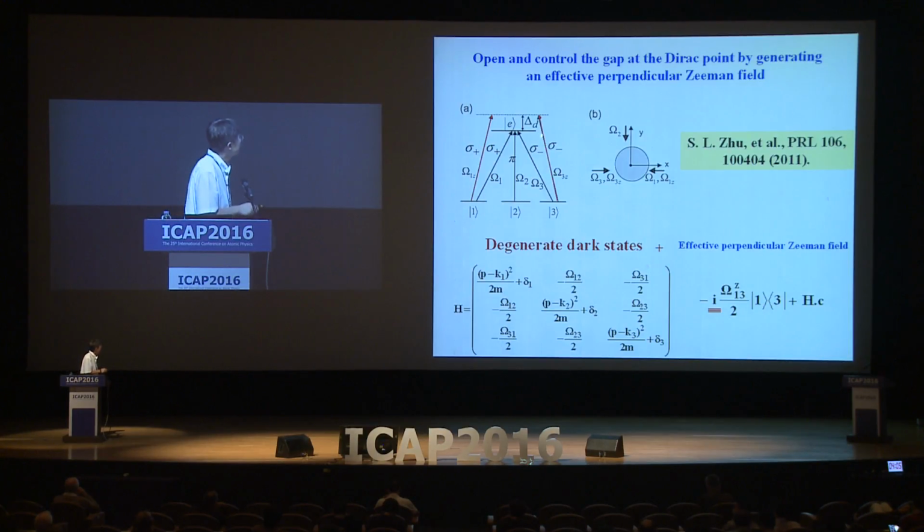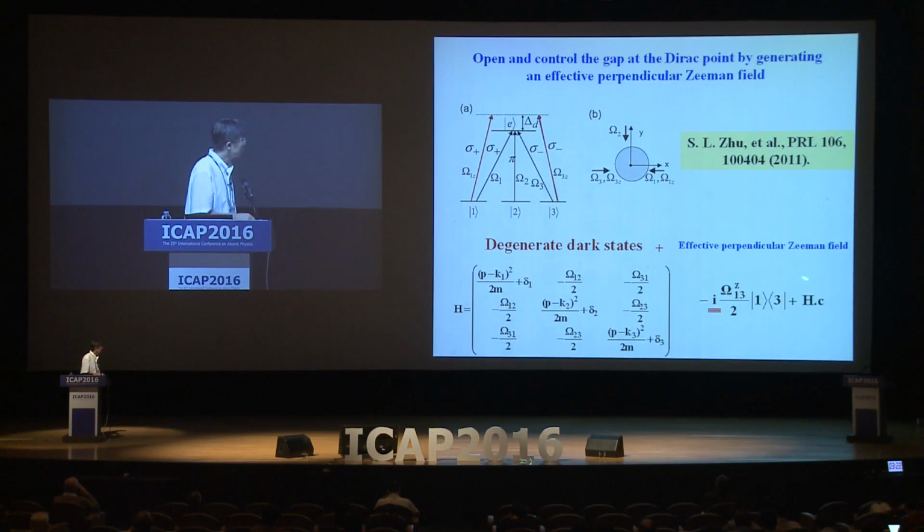Two extra lasers are used to couple ground states 1 and 3, and the two extra lasers have a different frequency compared to the original Raman lasers. Moreover, the two extra lasers propagate along the original Raman lasers, Raman lasers 3 and 1. Thus, this extra Raman coupling appears in this Hamiltonian.